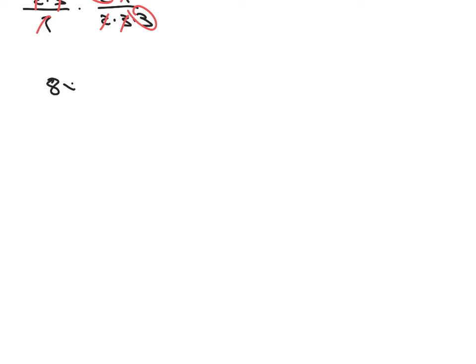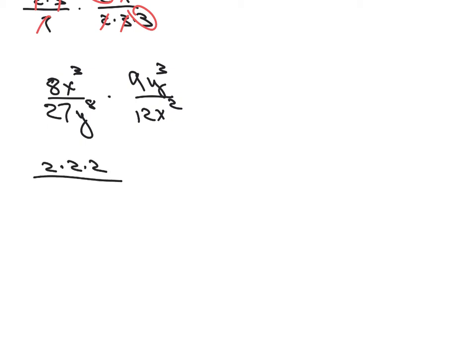So 8x cubed over 27x, y to the 8th times 9y cubed over 12x squared. Okay, let's find the prime factors of each of these. And once you get better at it, you may not even have to do all of it.